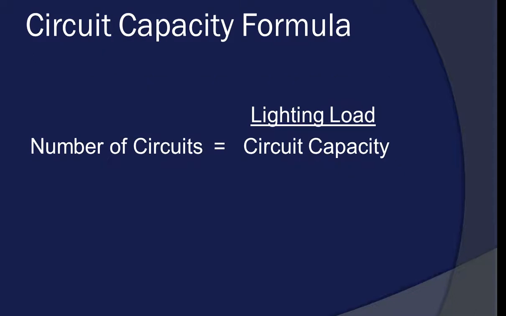So let's do an example here. First, the formula that we're working with is called the circuit capacity formula: we divide the circuit capacity into the lighting load by occupancy, and you get the number of circuits for that particular lighting load.